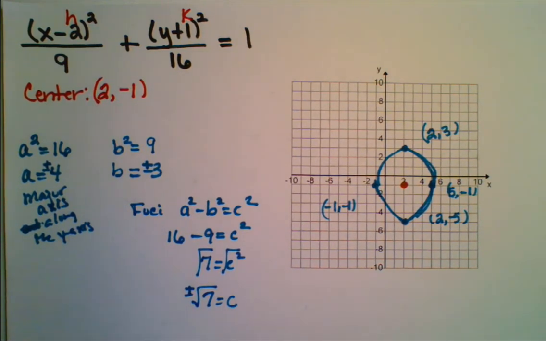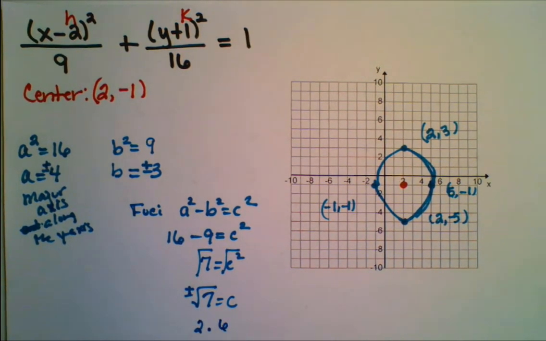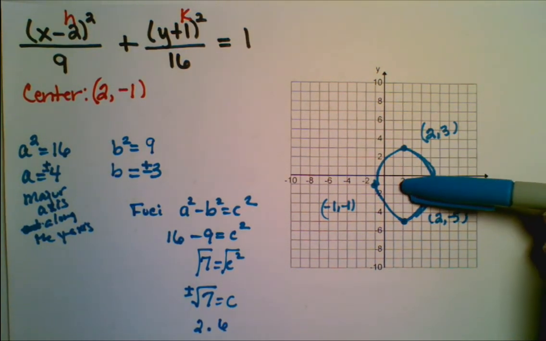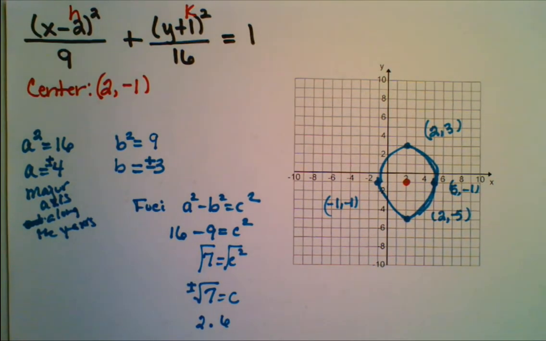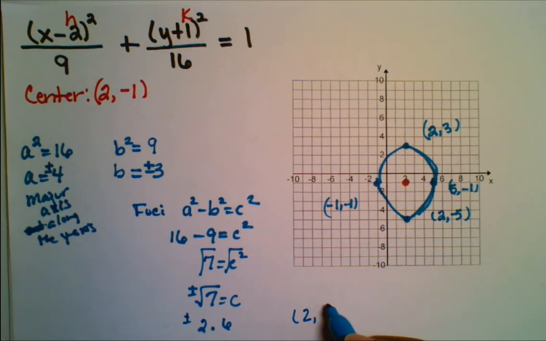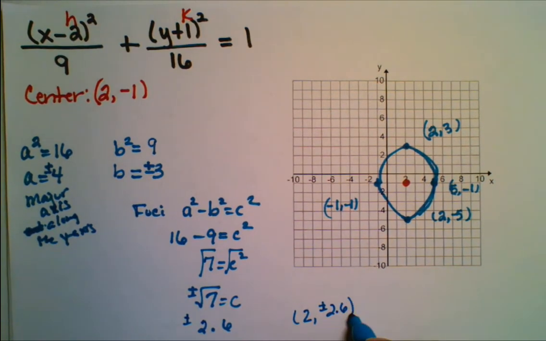And we have here 2.6. Okay. Now it's not just 0 and 2.6. We're going to be moving from where our center is at, since our major axis is vertical. So it's going to be at 2, and that should be plus or minus 2.6 from the center.